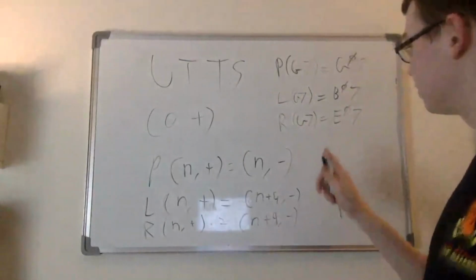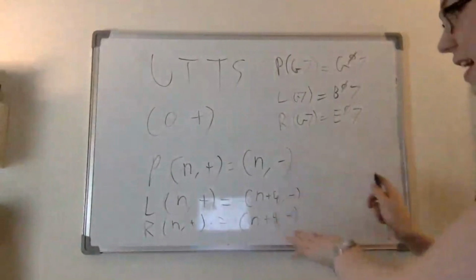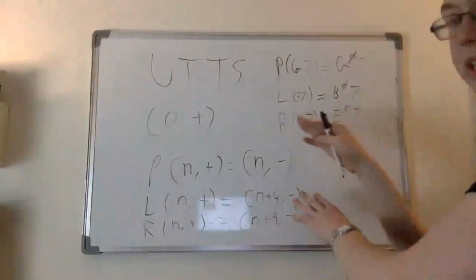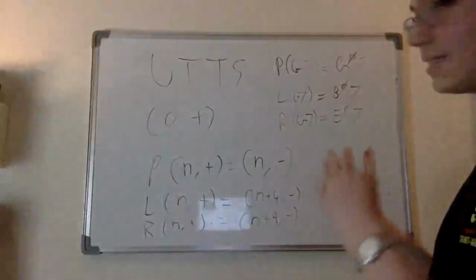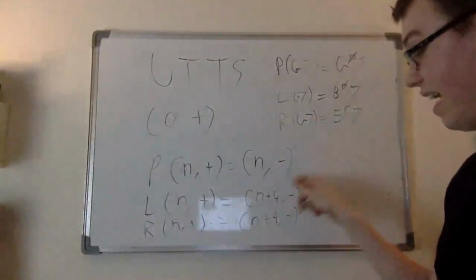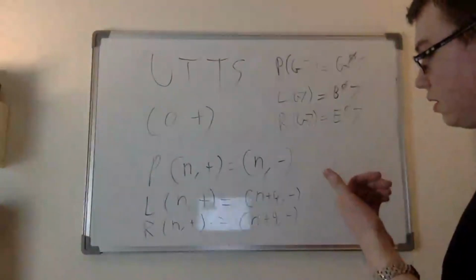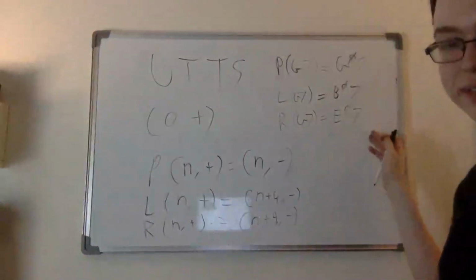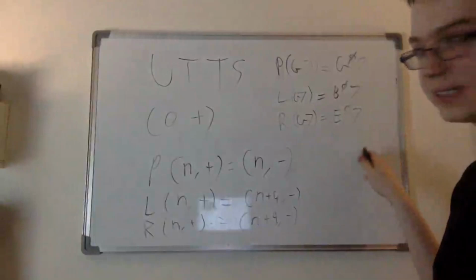But so you see how you can apply these to different sets. As long as you know what a set is when you invert it and you know how to transpose it, you can apply these transformations in this way.